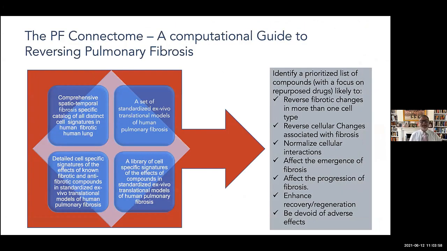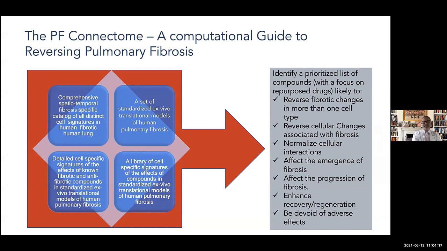So this is an example of an effort to repurpose a drug. But we do need a more systematic approach, and myself and others have designed this trial, which is called the Pulmonary Fibrosis Connectome. The idea is to develop a computational guide to reversing pulmonary fibrosis.